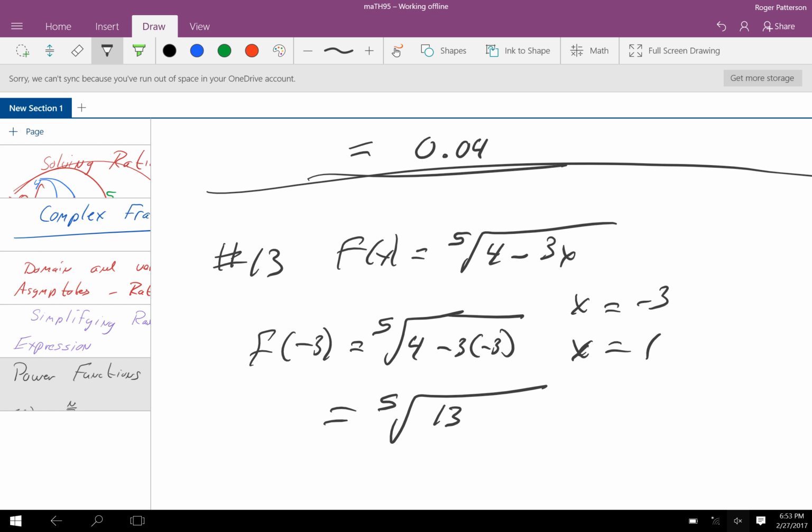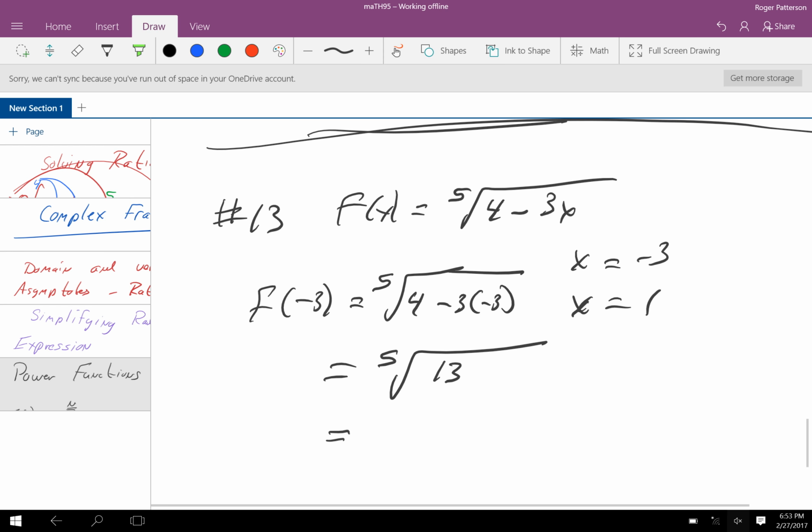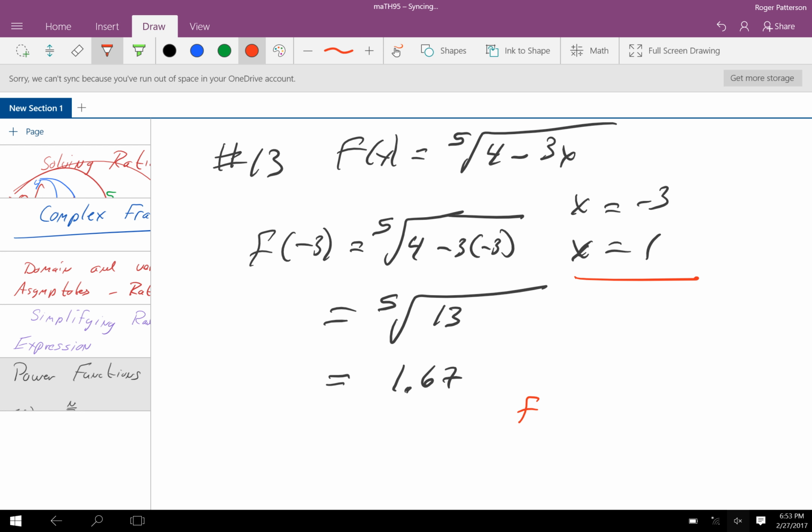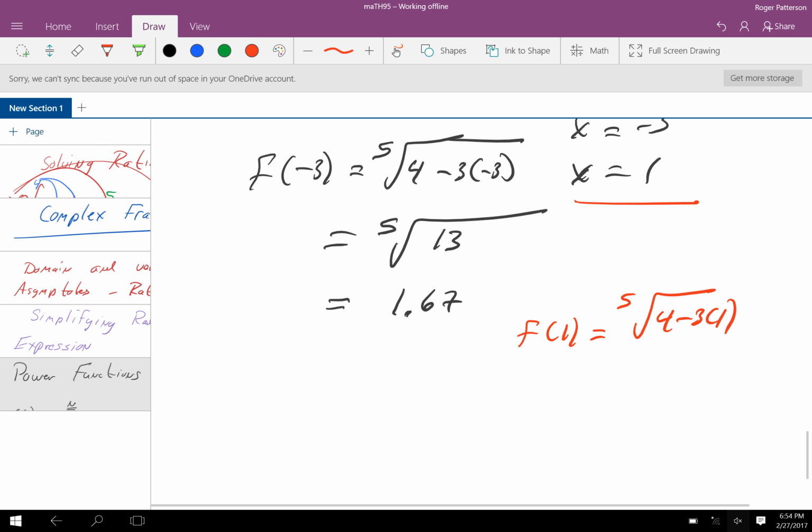Round to the hundredth again. I don't think it's more than, I had like 10. So it's got to be 1 point something. 1.67. Okay, that makes sense. Yeah, that's what I got. 1.67. So then if we do the 1, this would be f of 1 equals the fifth root of 4 minus 3 times 1, which is 1.